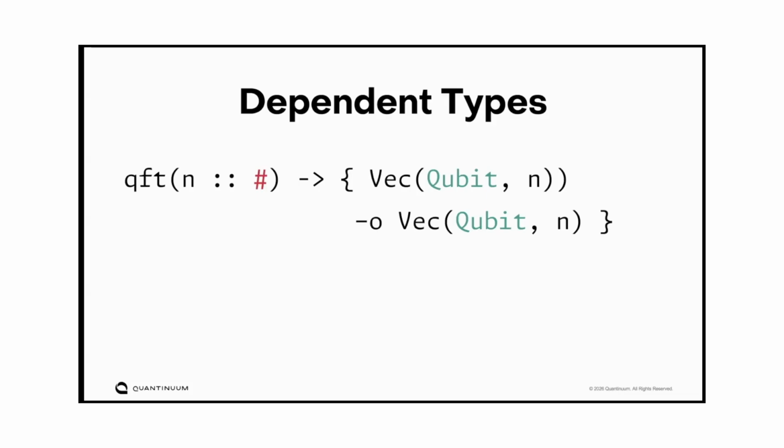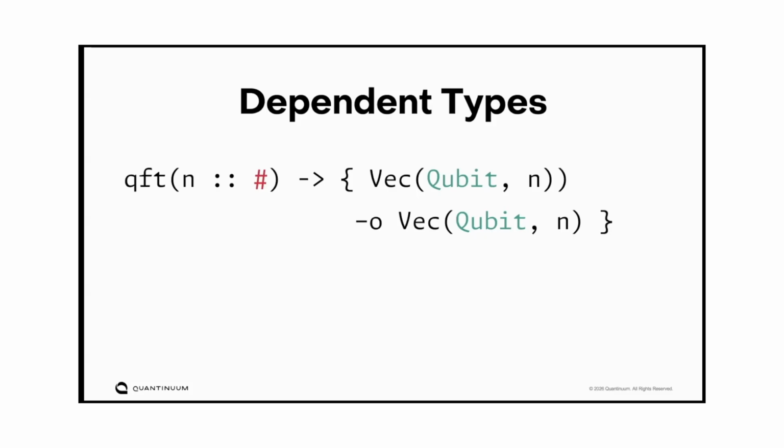Okay, so the return type of this QFT function depends on what value you put in as an input here. And so if I call QFT of 20, I'm going to get back a classical func that is a vector of 20 qubits to vector of 20 qubits. Right? So there's a dependency here. That's what we call dependent types.